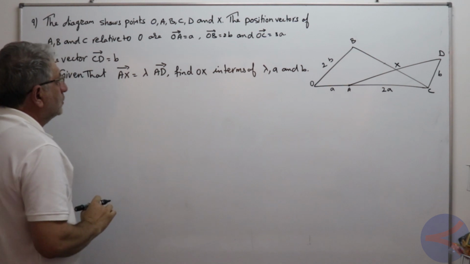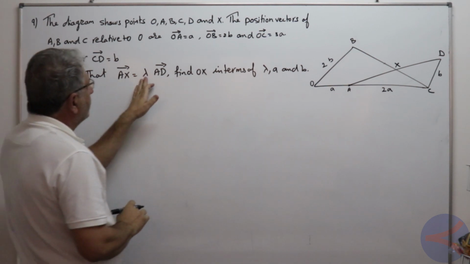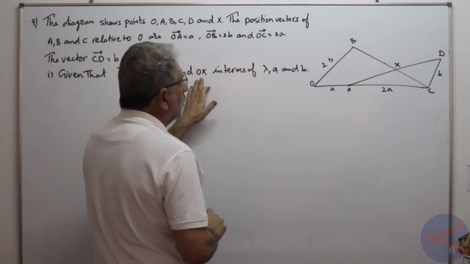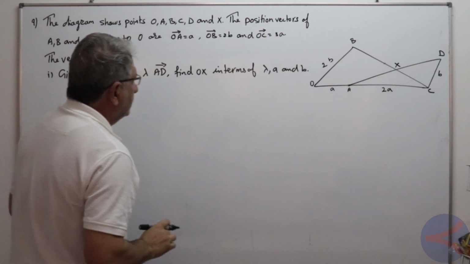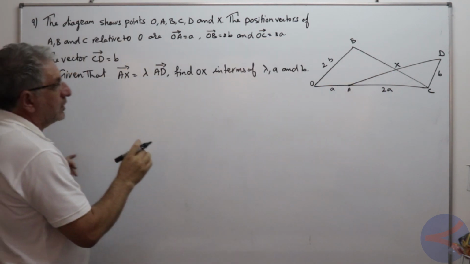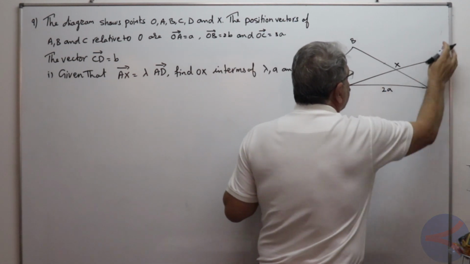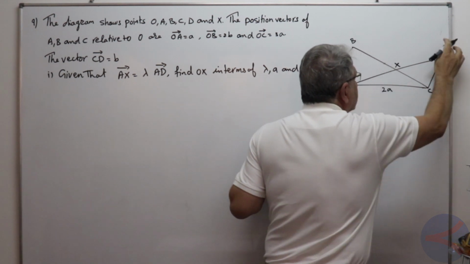Okay, so now they have given that AX is lambda times AD, we are going to find OX. First of all, let us find AD. How to find AD? AD is AC plus CD.